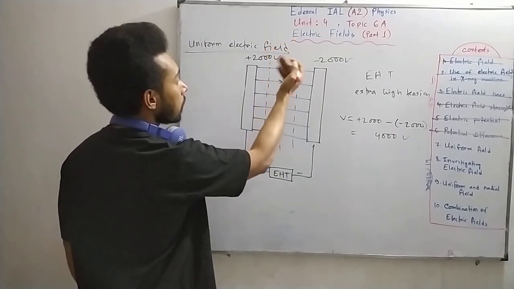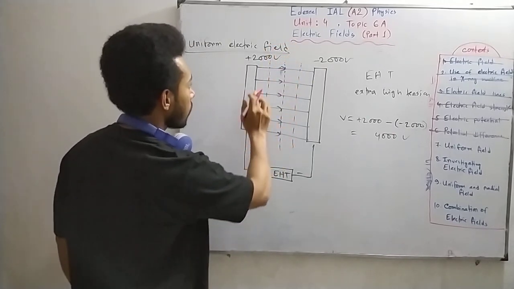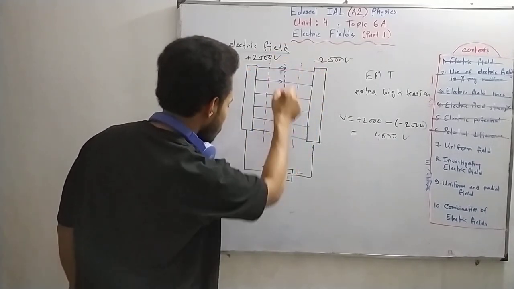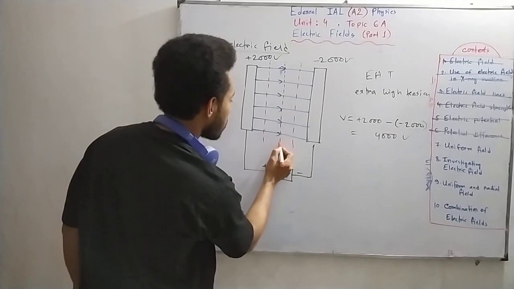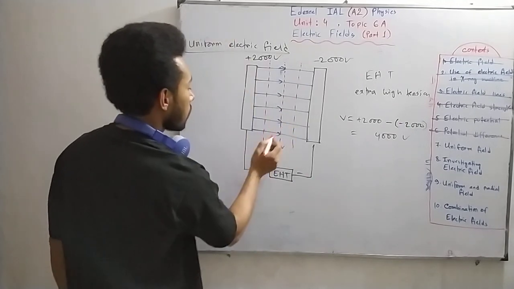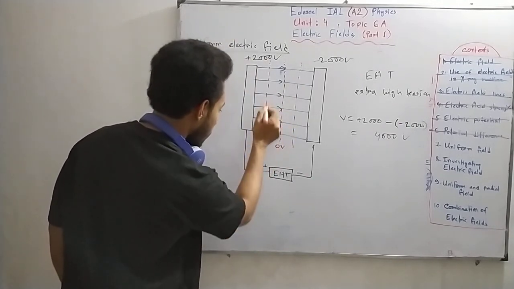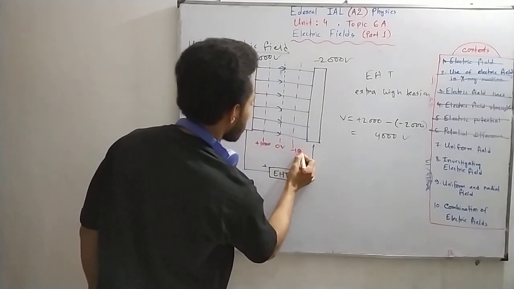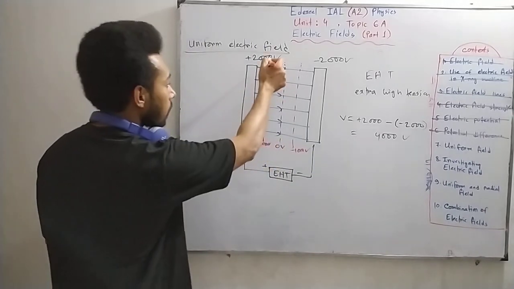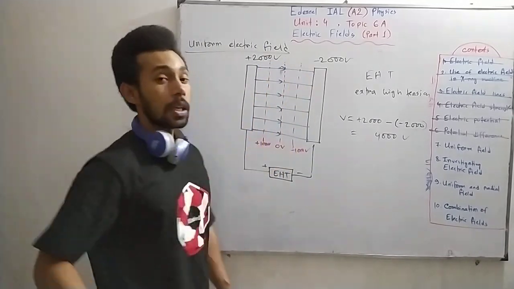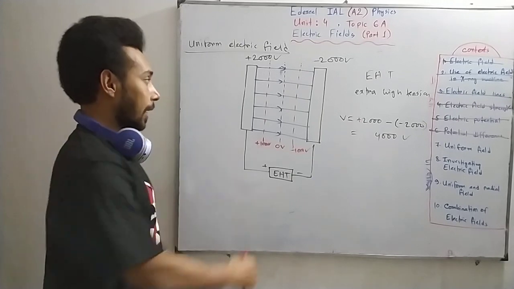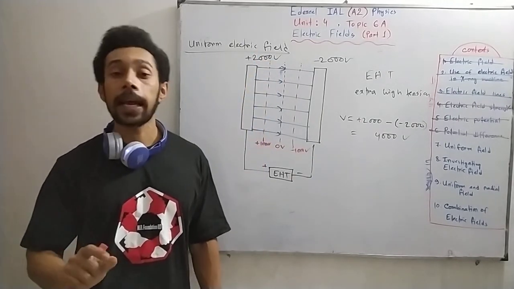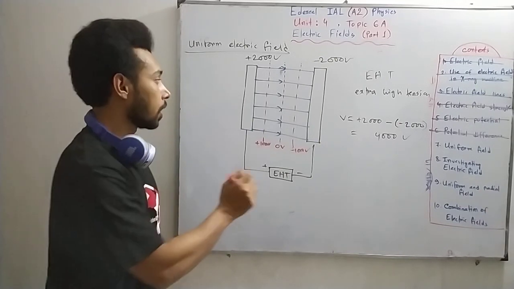If we move across this line, okay, this is plus 2000 volt and this is at minus 2000 volt, so along this line the electric potential will be 0 volt, and along this line it will be plus 1000 volt and this will be minus 1000 volt. These lines are called equipotential. The line connecting the locations that are at the same electric potential.